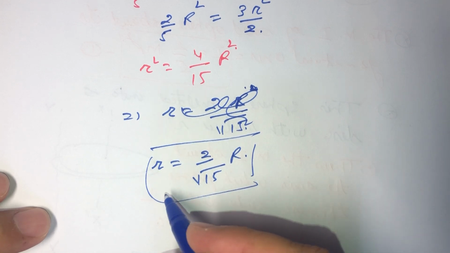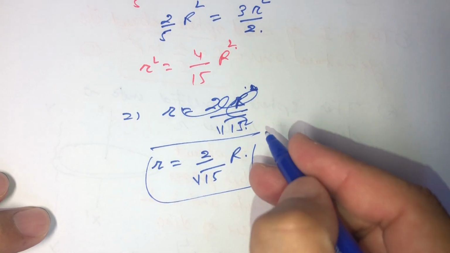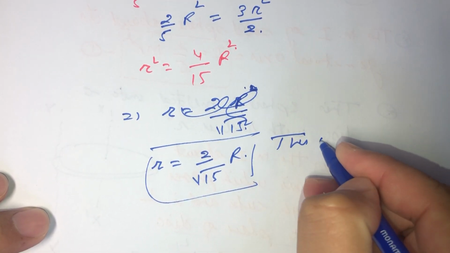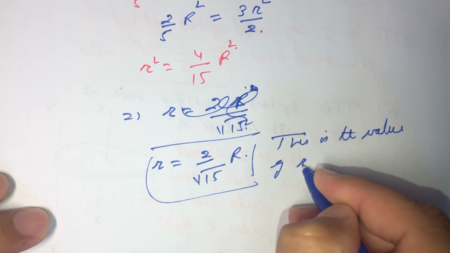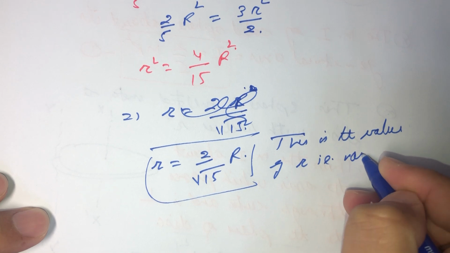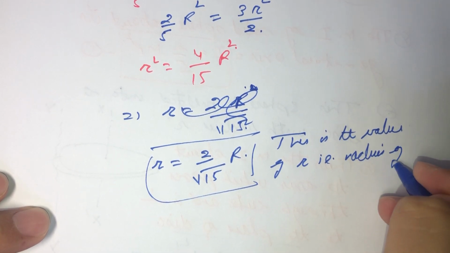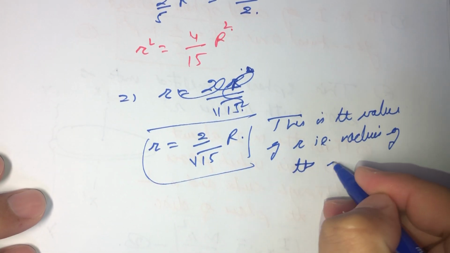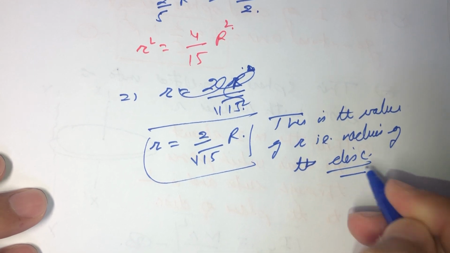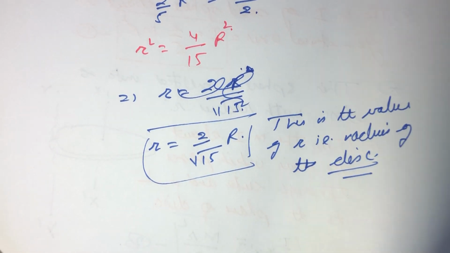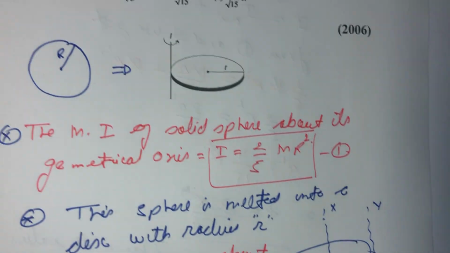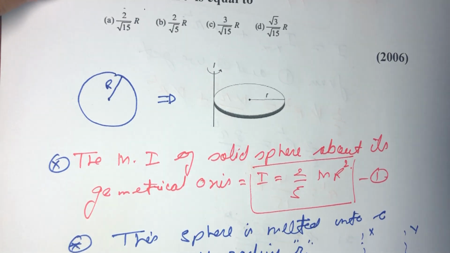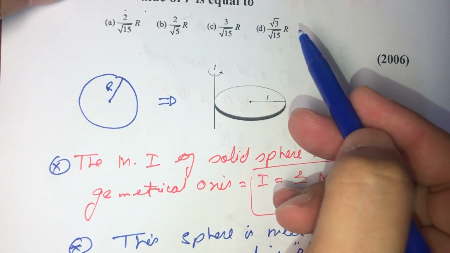Value of r is nothing but the radius of the disk. So this is the value of r, that is the radius of the disk, and you can say that option A is the correct option.